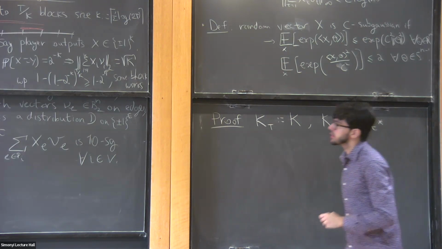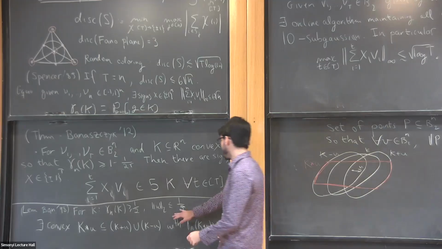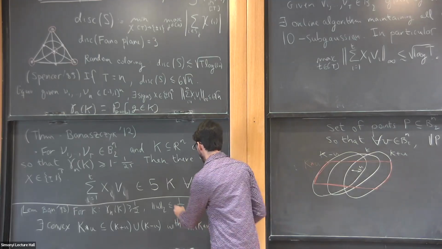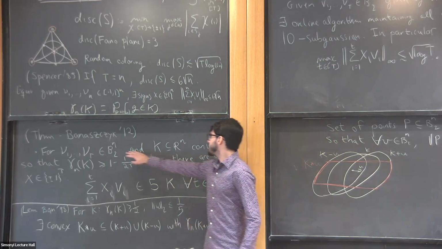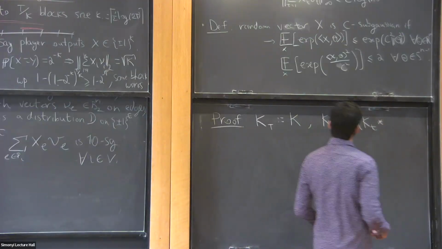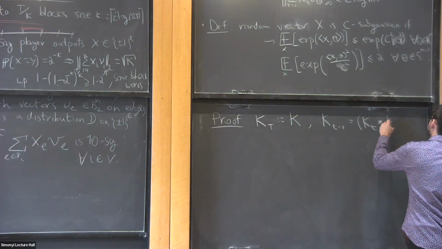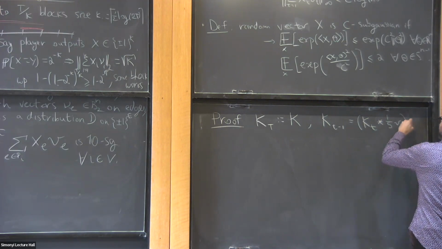I need to make sure that in the lemma, the thing has norm at most 1/5. That's the 5 here. And my vectors are unit vectors, so I need to divide by 5. And then I also intersect with K.